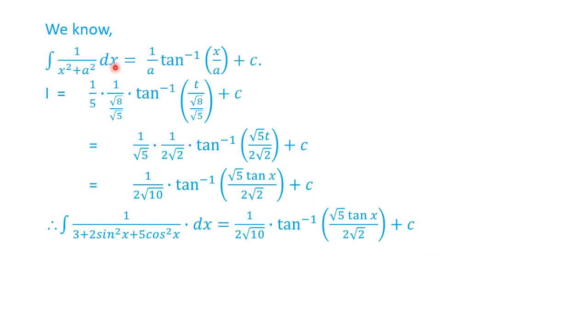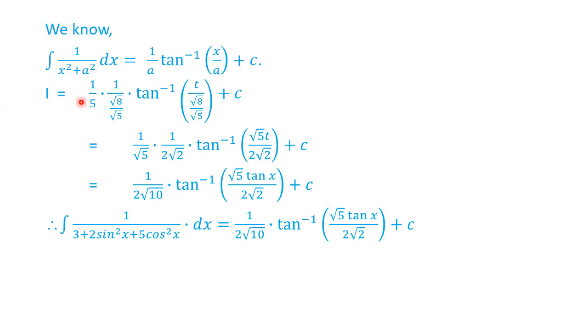This is one of the standard integrals. 1 by x square plus a square is equal to 1 by a tan inverse of x by a plus c. This is the only integral in this format which has a result in terms of an inverse function. And there is one more result in square root form which has a result in terms of an inverse function, that is sine inverse of x.